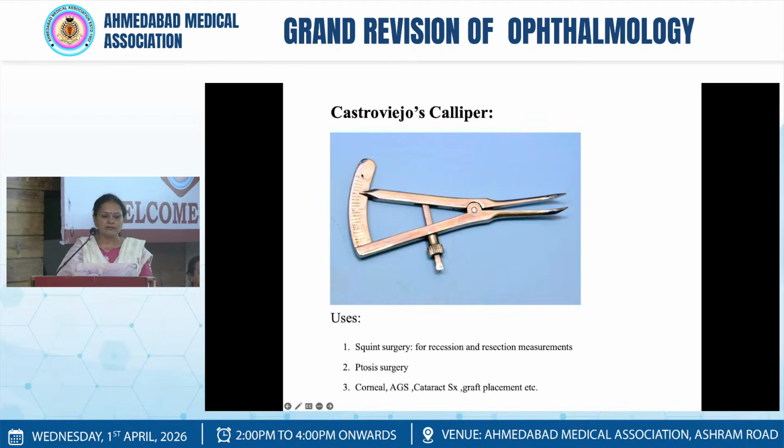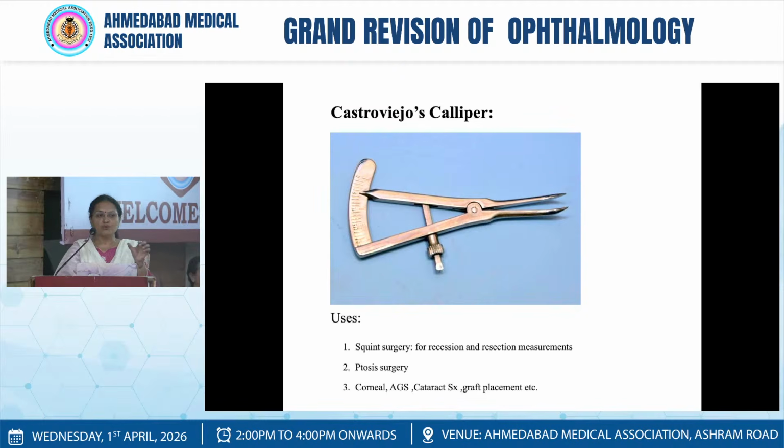In this, the scale is given in millimeters, and you have to adjust these two blades and see what is the diameter of the cornea, conjunctiva, how much muscle recession or resection has to be done in cases of strabismus surgery or ptosis surgery, how much LPS or levator palpebrae superioris resection to be done. It is also useful in anti-glaucoma surgery.